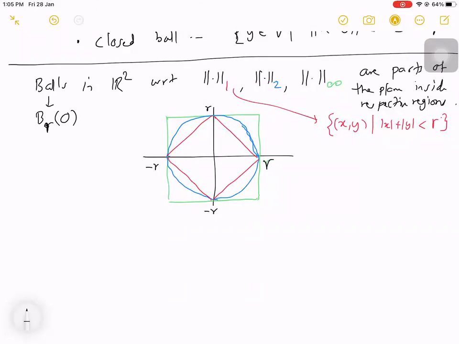So this is what is going to happen. And you can maybe just plot it somewhere online or whatever, and then see what these balls are for various values of P. And then you will see that this is exactly what is happening. The boundaries are going to get bent outwards, but it is going to be some kind of oval shape.